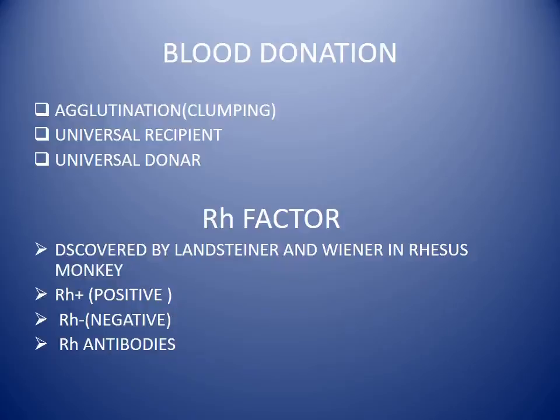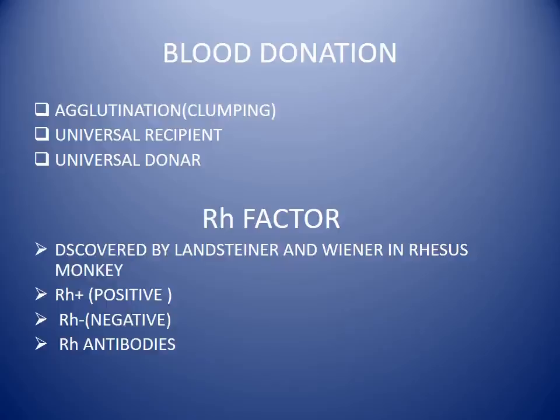When an individual receives a mismatched blood group from the donor, clumping of blood occurs in the body which leads to death. Understand? Only matched blood should be given to others. Giving mismatched blood means the person will die.